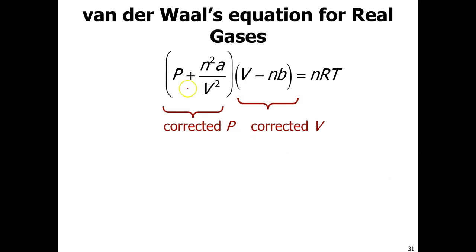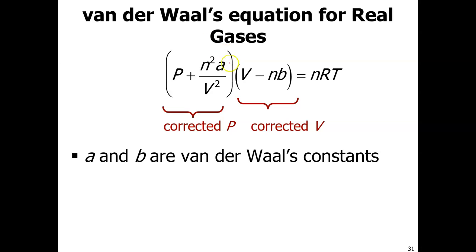So we have corrected pressure, where we're changing some of these terms. For a and b, they're basically van der Waals constants. So a here, where we're correcting the pressure based off of those interactions for various compounds, and b here, correcting the volume.